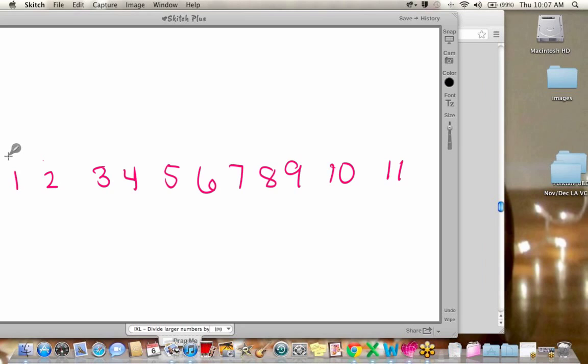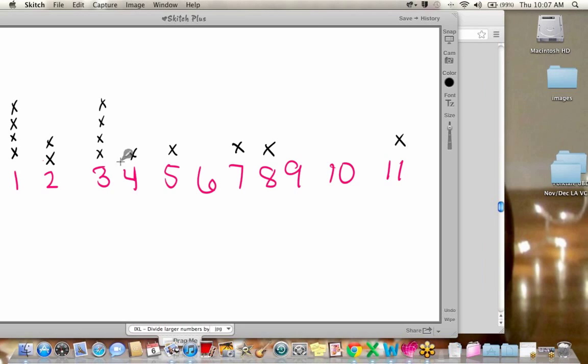Okay, how many kids went one time? Looked like there were 4. So I'm going to put an X to represent each kid. 2 kids went twice. 3 kids went 4 times. 1 kid went 4 times. 1 kid went 5 times. 7, 8, and 11. Okay, so that is my line plot.